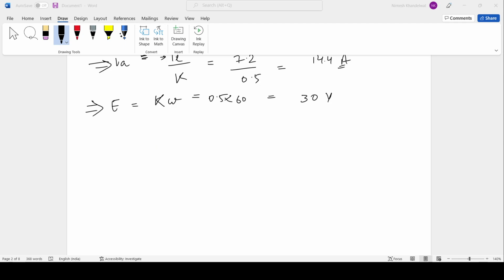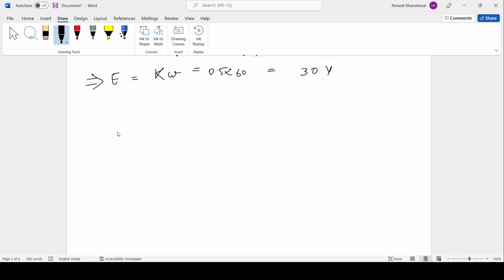Okay, so you see the speed torque characteristics of the DC motor. They are given as omega equals V over K minus RA times torque over K squared.